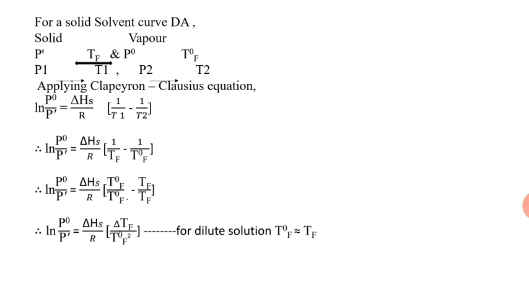Again, for a dilute solution, T0F and Tf both are equal. So we get a new equation, that is ln P0 by P dash is equal to delta Hs by R inside the bracket delta Tf upon T0F square.